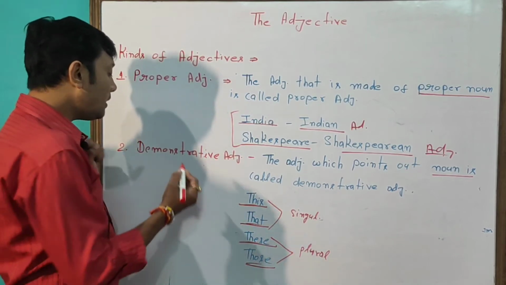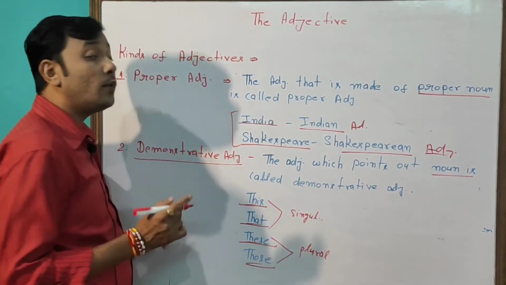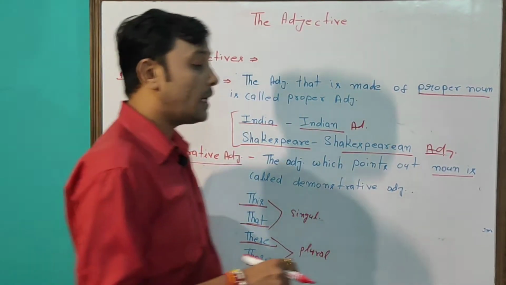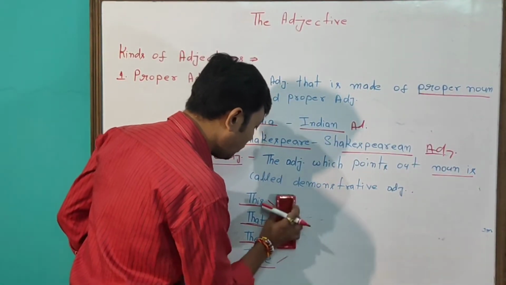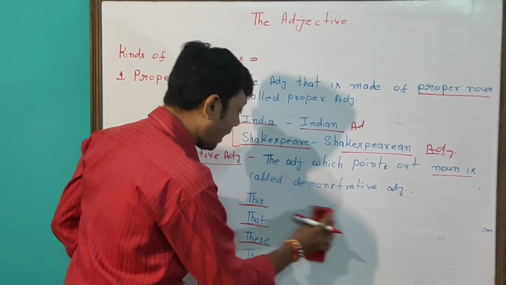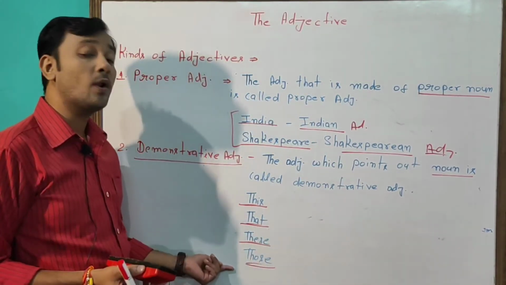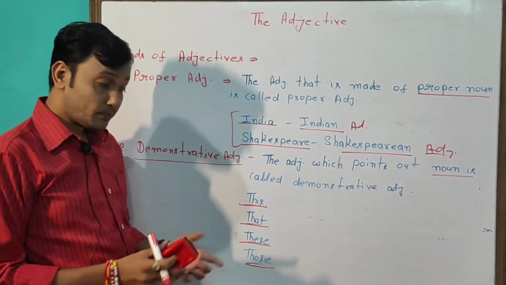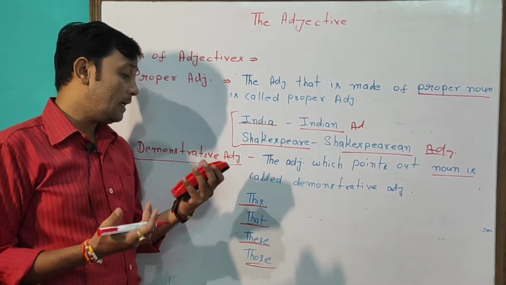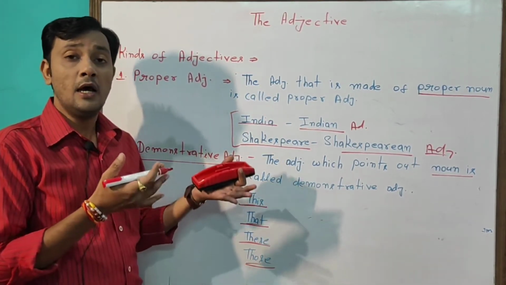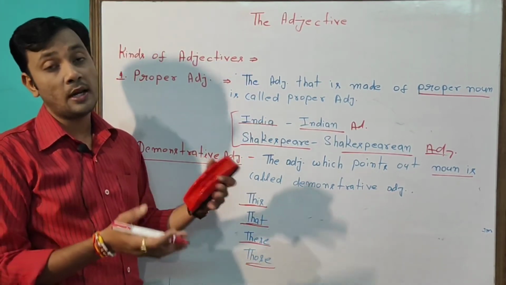Demonstrative adjective and demonstrative pronoun are also there, so don't be confused between the demonstrative adjective and the demonstrative pronoun. I will clear up here how to identify them, because these words are also known as demonstrative pronouns. Now the problem comes, sir, how to identify in a sentence whether this is used as a demonstrative adjective or a demonstrative pronoun.